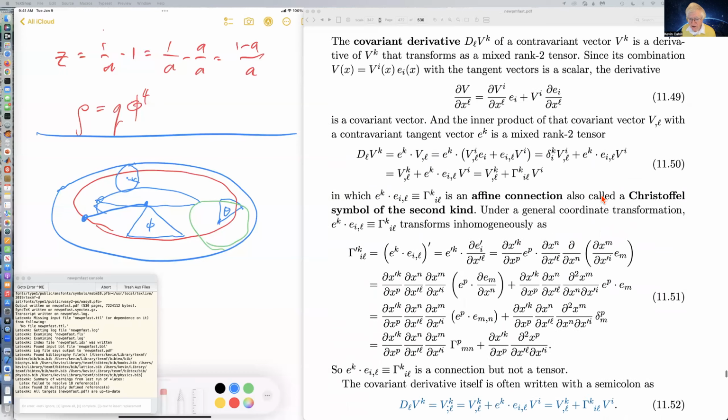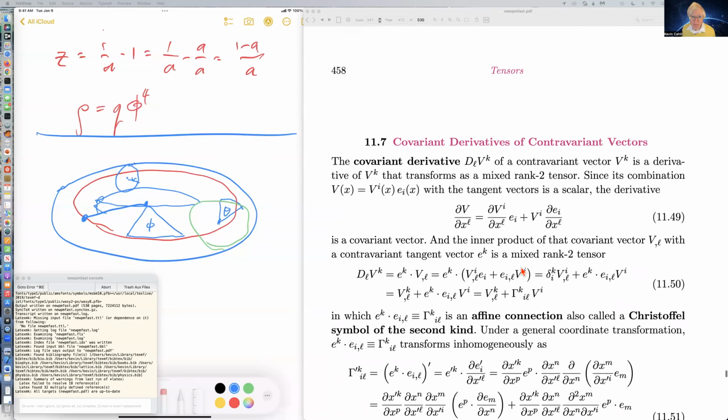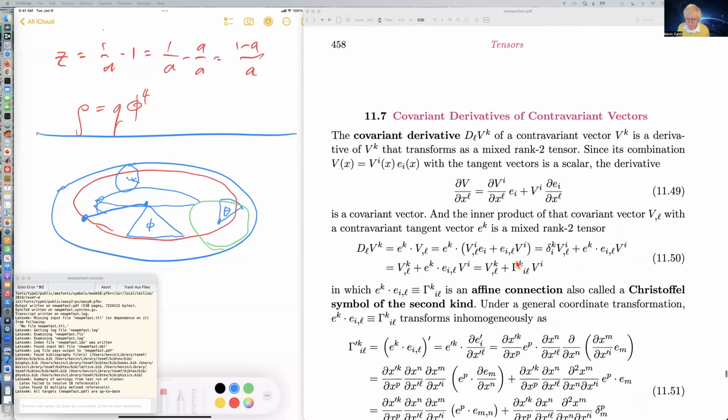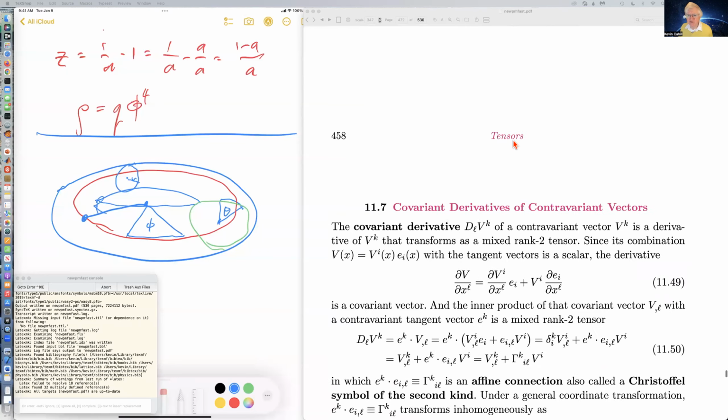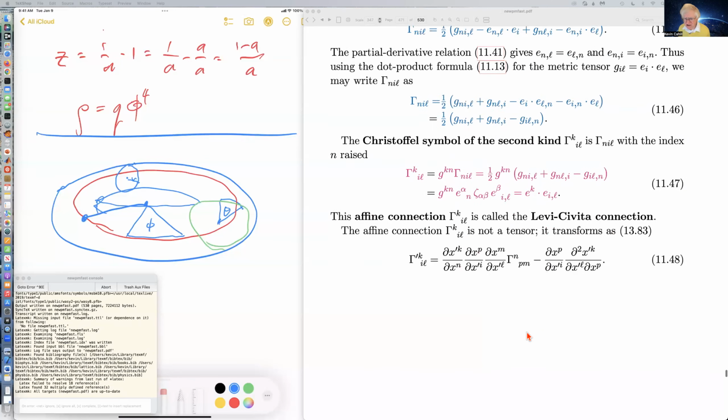Okay, so what I wanted to do is show you this extra bit here. It was foreshadowed by the statement that the affine connection is not a tensor, or transforms inhomogeneously.